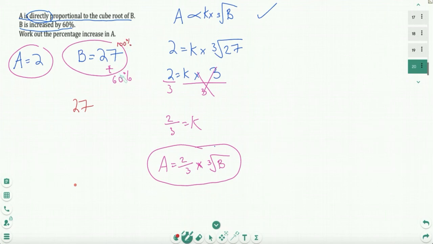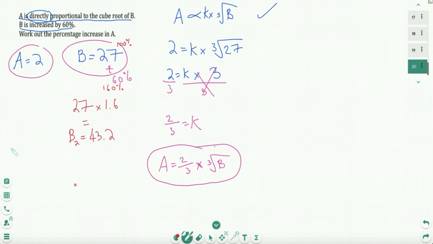We're adding 60%, so we're doing 160%. Turn that into a decimal by dividing it by 100. It's 160% divided by 100, which gives us 1.6. So we're going to do 27 times 1.6, which is 43.2. So our new b value is 43.2, the second b value.